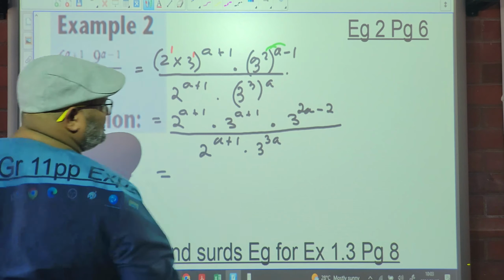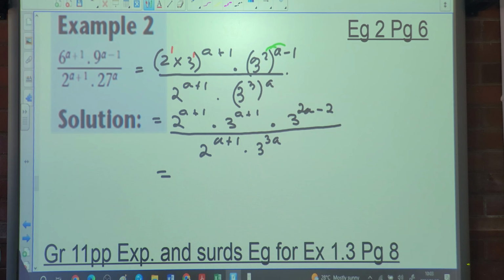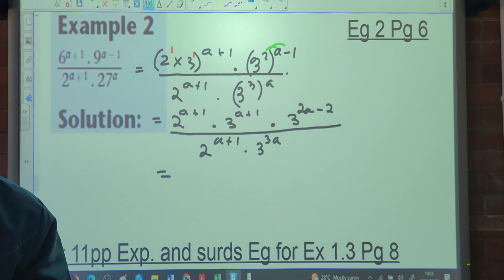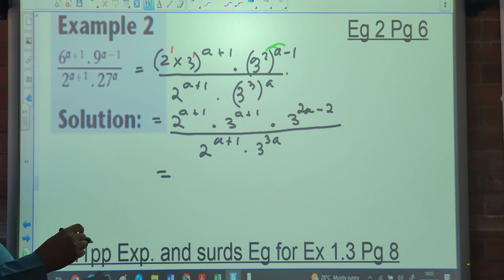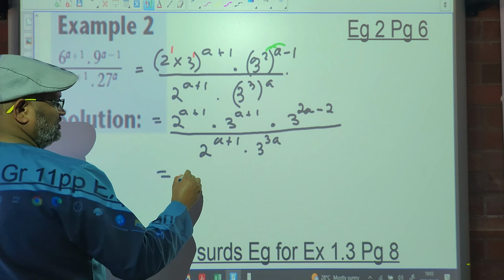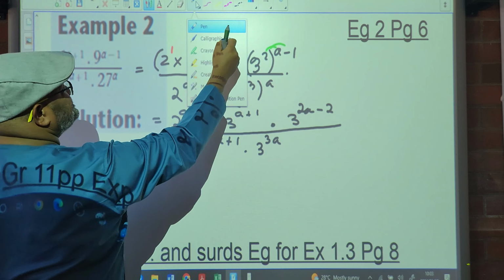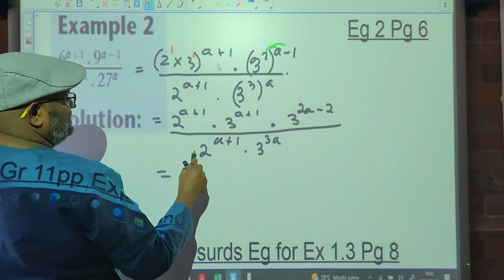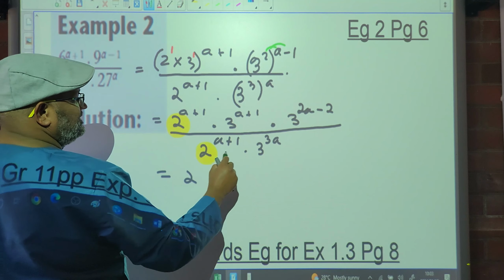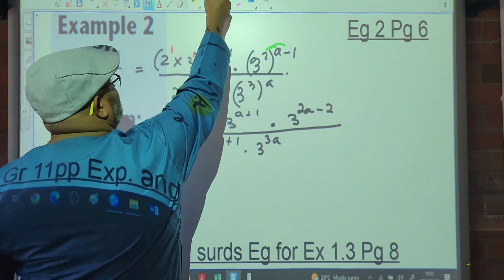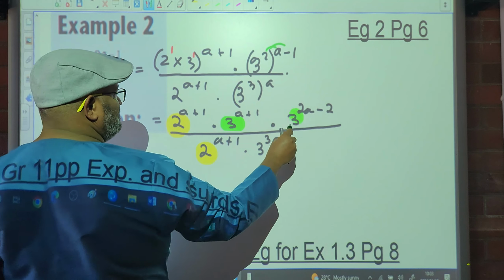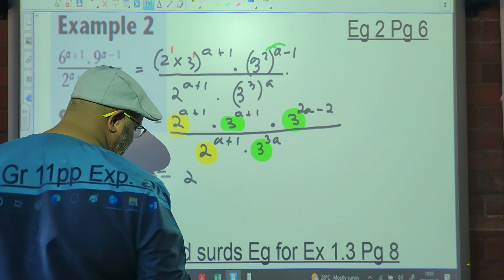When we multiply and bases are the same, what do you do with the exponents? We add. If we divide, we subtract. Not so? So this will simply be 2 to the, remember now, only the same bases get brought together.